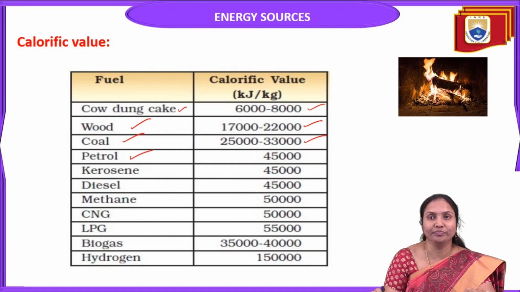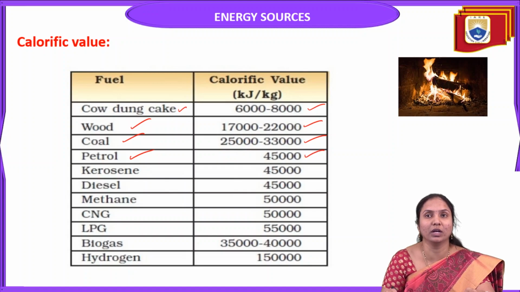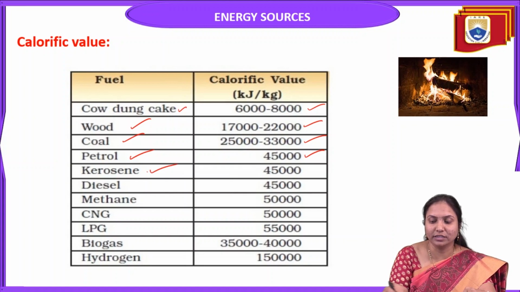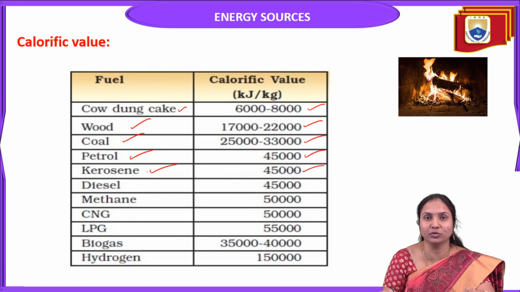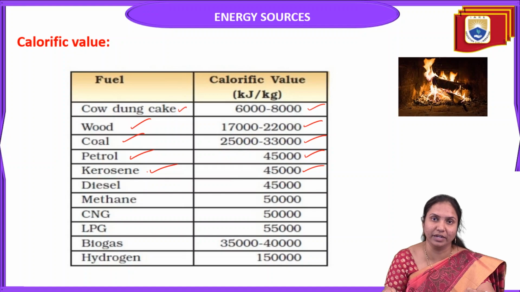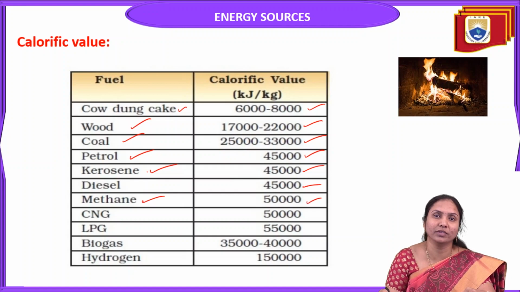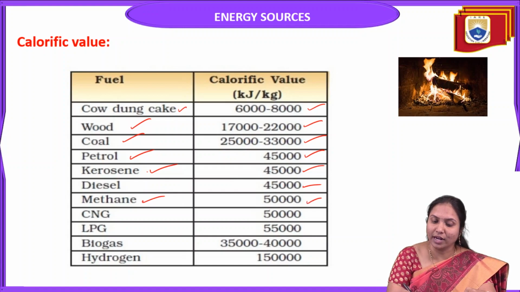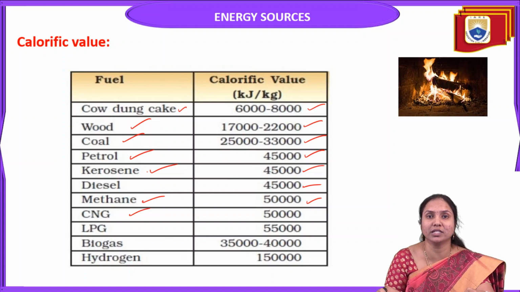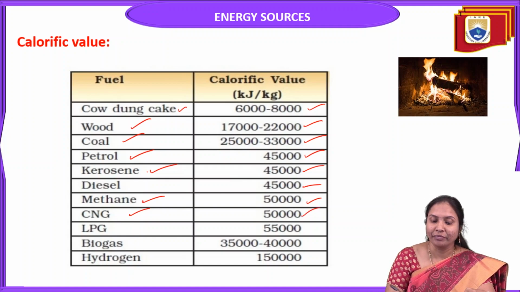Burning of petrol liberates 45,000 kilocalories of heat energy. Kerosene has the same calorific value, 45,000 kilocalories. Diesel, 45,000. Methane produces 50,000. CNG, compressed natural gas, has a calorific value of 50,000.